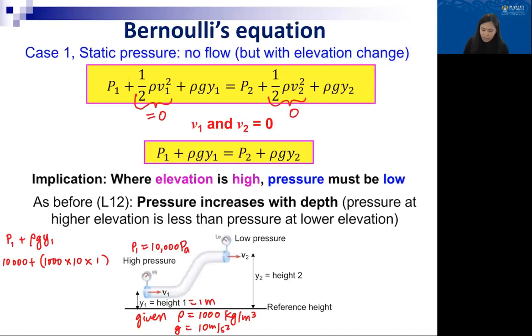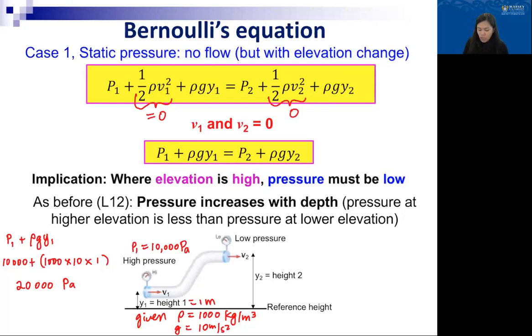That will be 10,000 plus 10,000, which equals 20,000 pascals. Each term in Bernoulli's equation refers to pressure, so each term has a unit of pascal. So the left-hand side, with pressure P1 and height y1, is equal to 20,000 pascals.